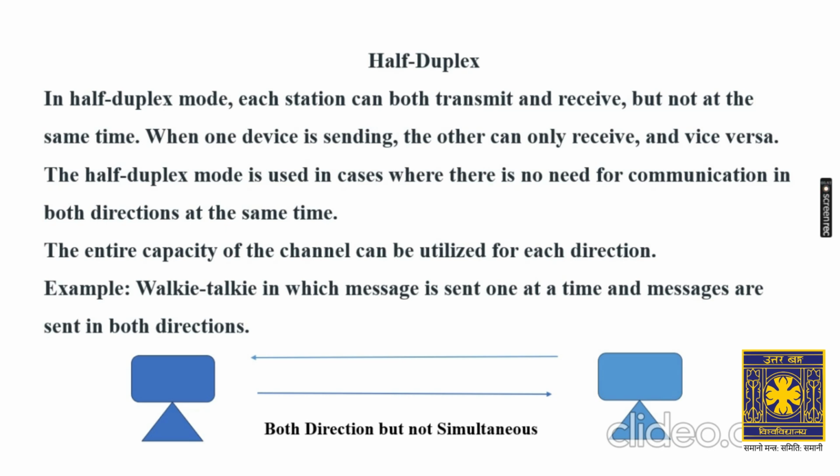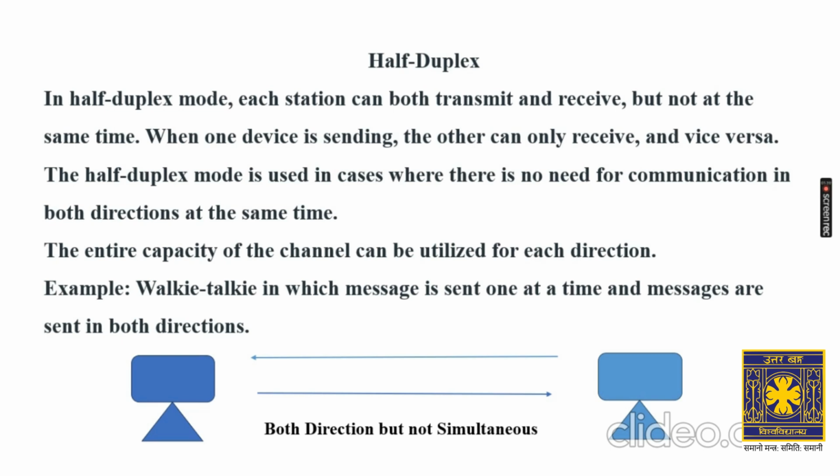Let us take an example of a walkie-talkie, in which messages are sent one at a time, in both directions. You might have seen a walkie-talkie. It is a type of wireless telephone set where, when you speak on one set, the person at the other end using the other set will not be able to speak while you are speaking.